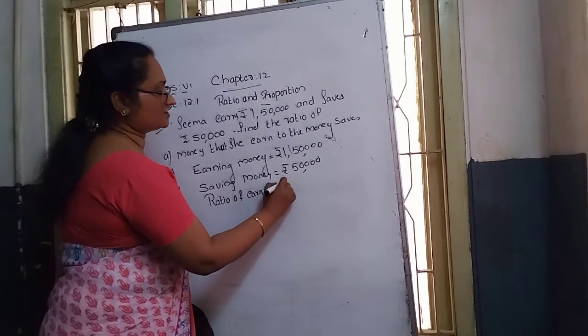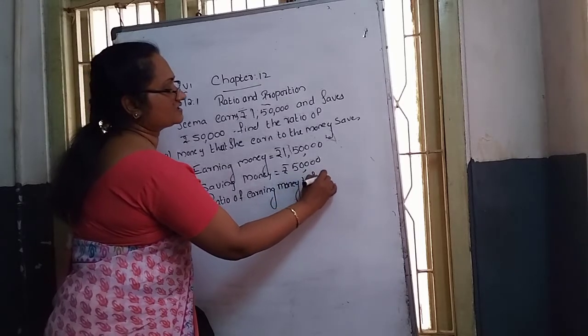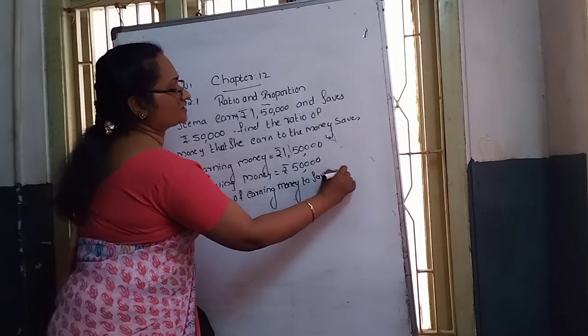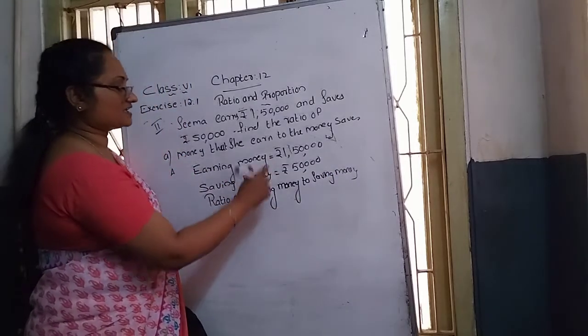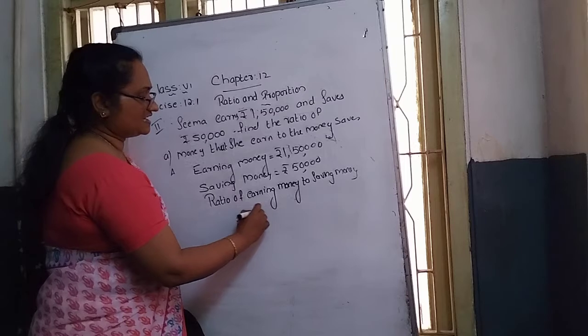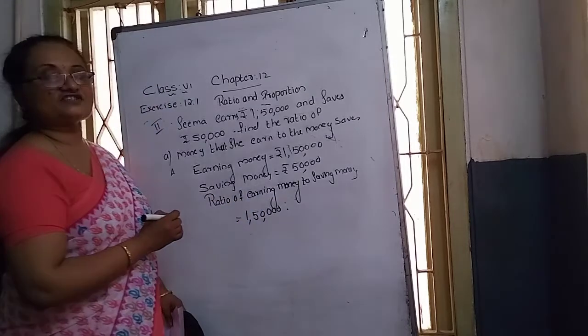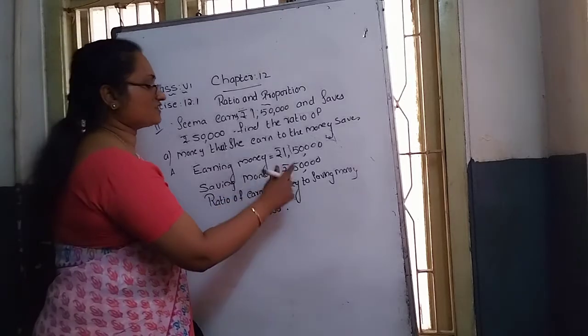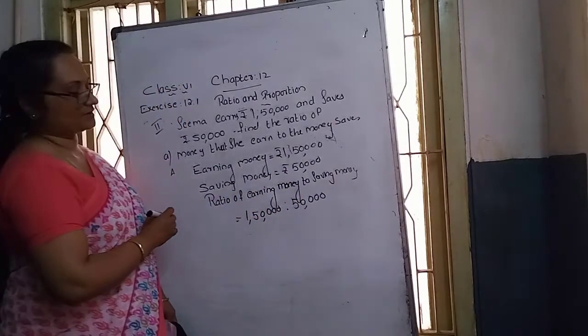Earning money is 1,50,000. Ratio is represented with a colon. Then the saving amount is 50,000.